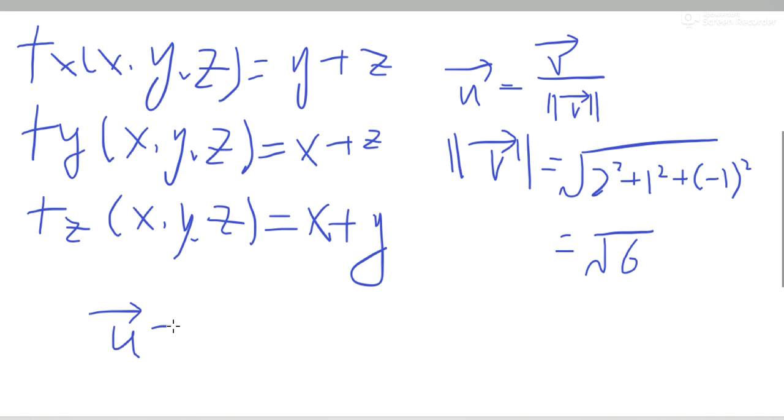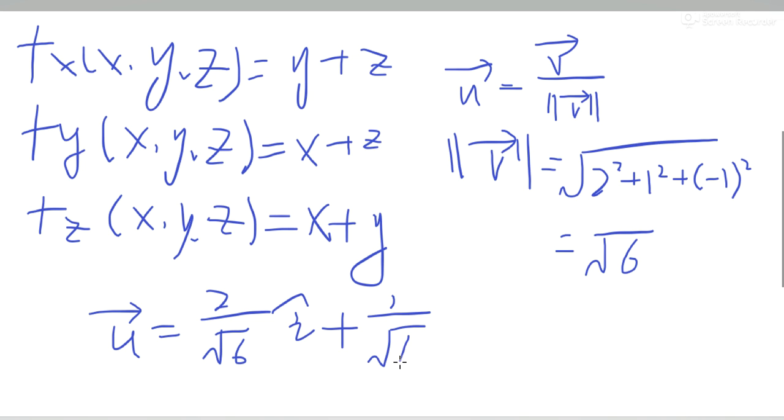The unit vector is equal to 2 over root 6 i plus 1 over root 6 j, and the same number but minus for k.